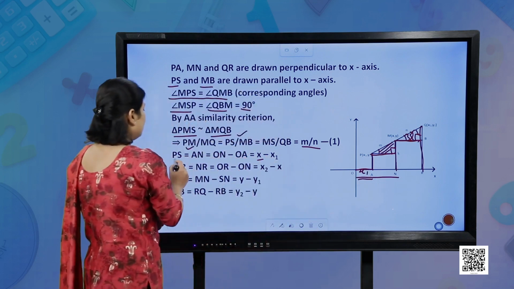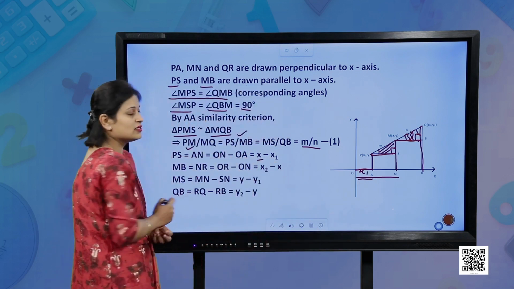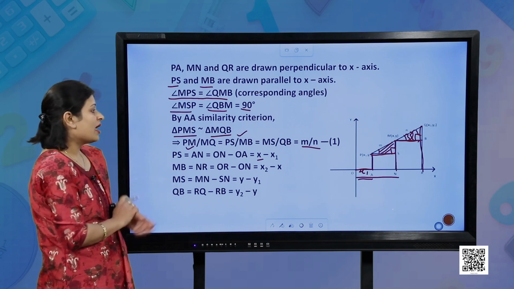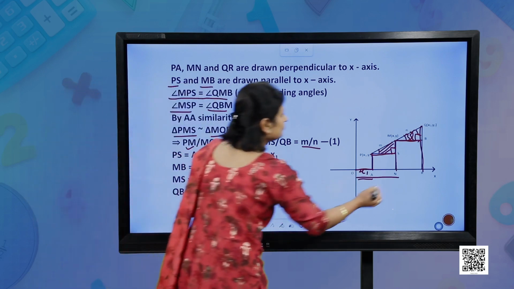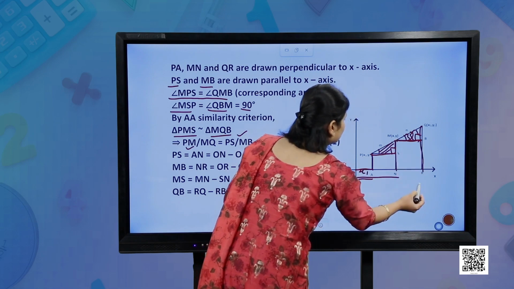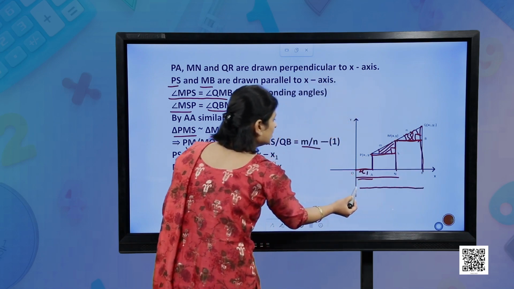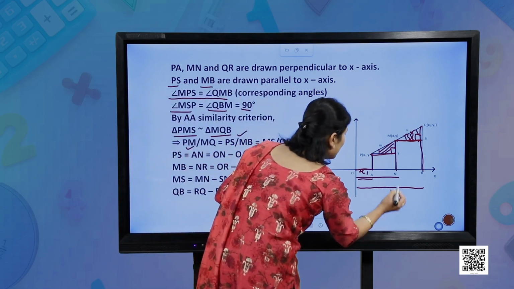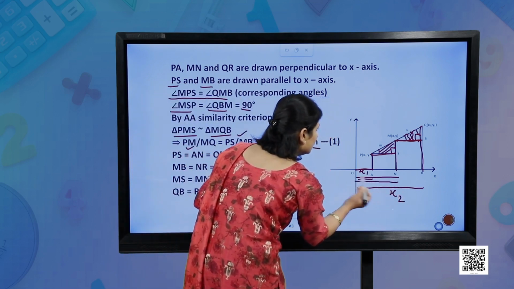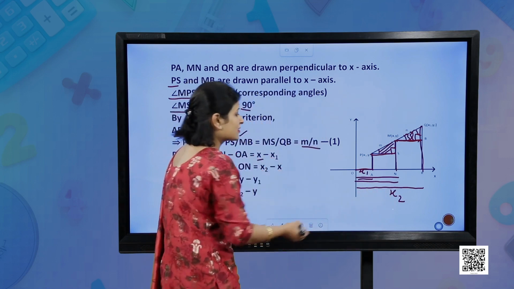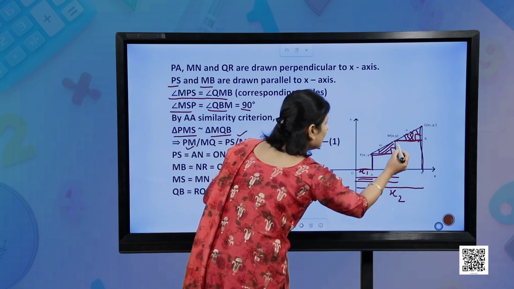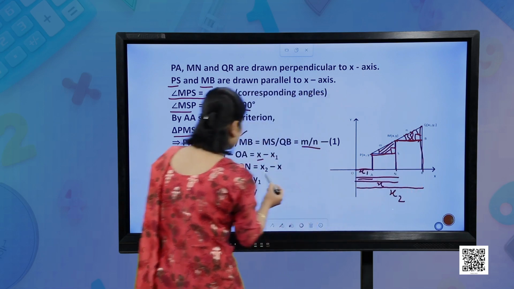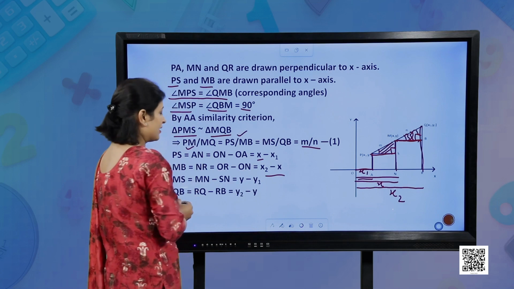So, you will get PS as x minus x1. Now, how will you find the value of MB? The total is x2 and this is x. As MB is parallel to NR, you will get MB as x2 minus x.